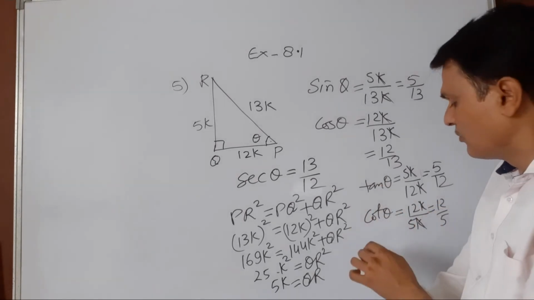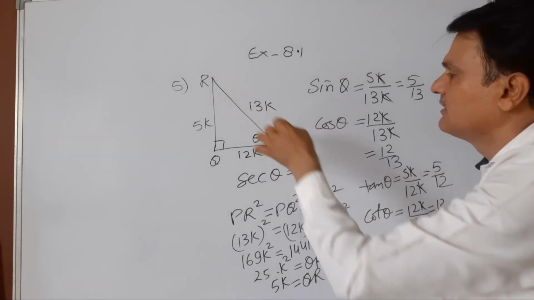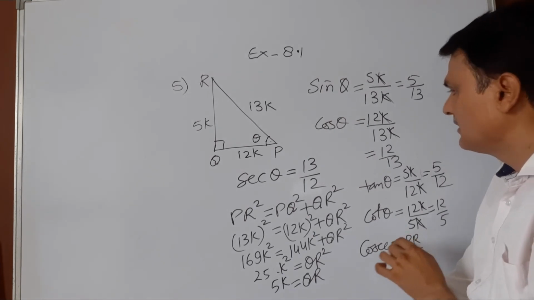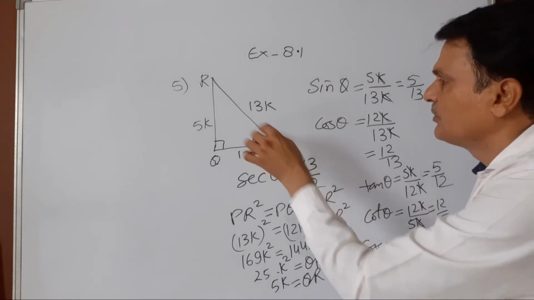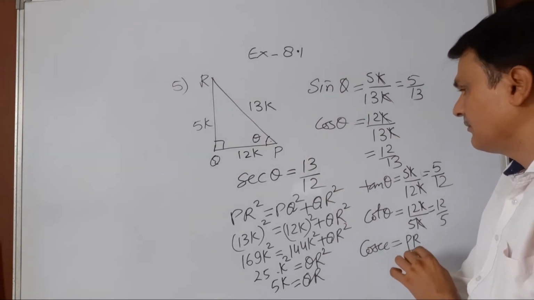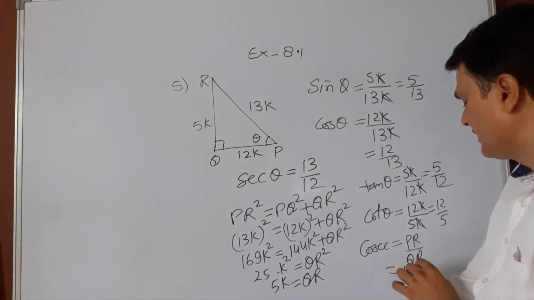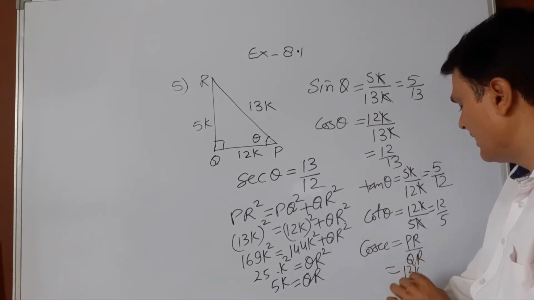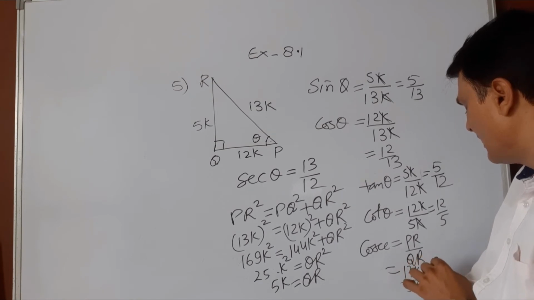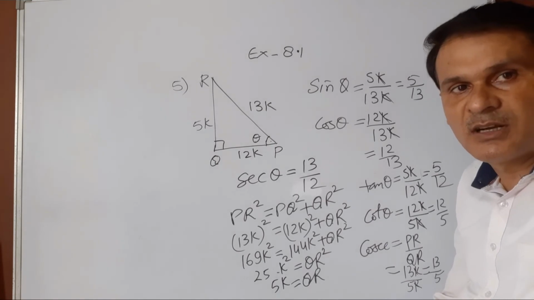And cosec theta equals hypotenuse, that is PR, upon the side opposite to theta, that is QR, and this equals 13K upon 5K. K cancels out, this is 13 upon 5, and this is the answer of question number 5.